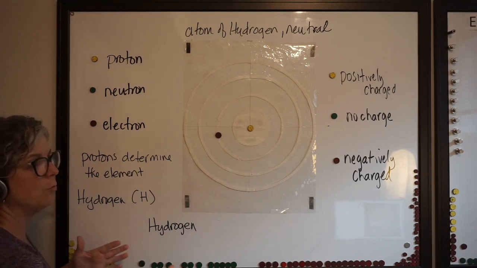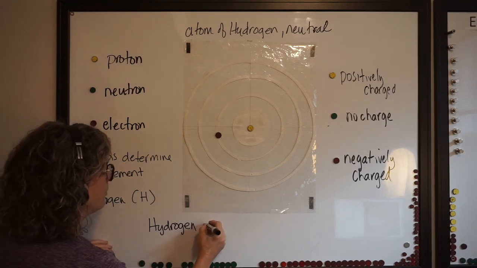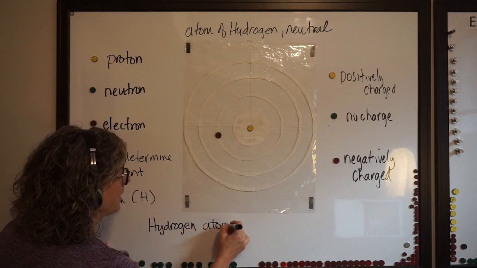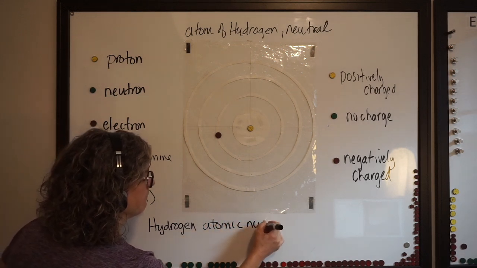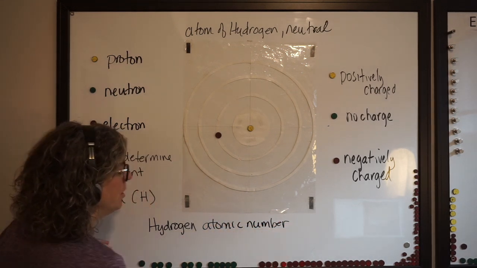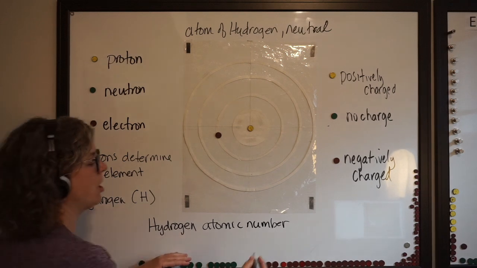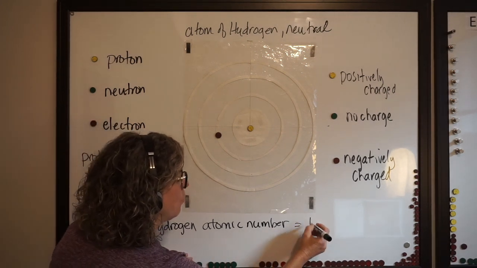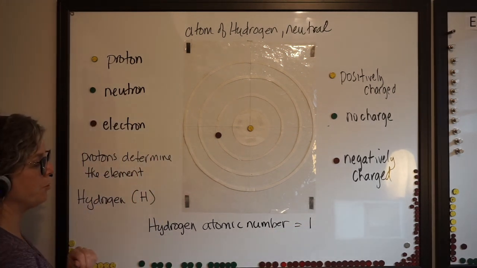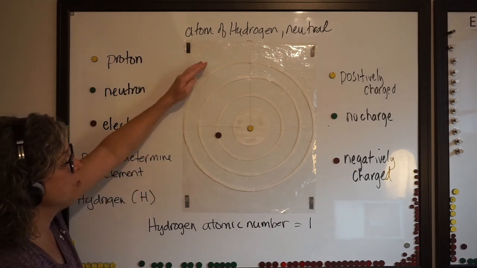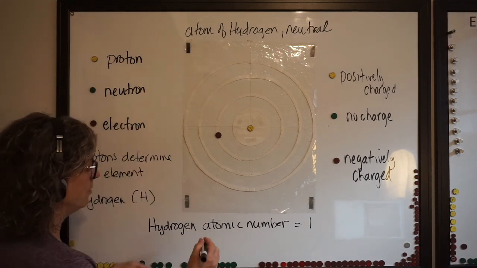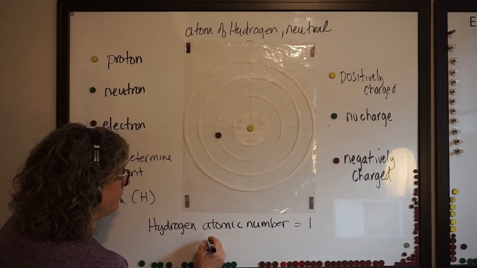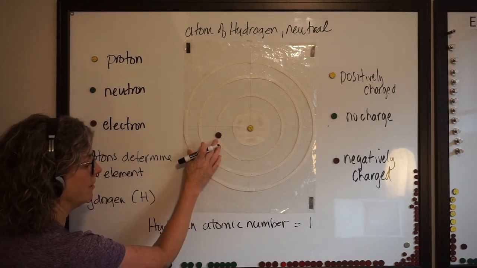And what do we call that? We call that an atomic number. So in the case of hydrogen, the atomic number equals 1. That means it has one proton. Because it's neutral, it has one electron. Okay?